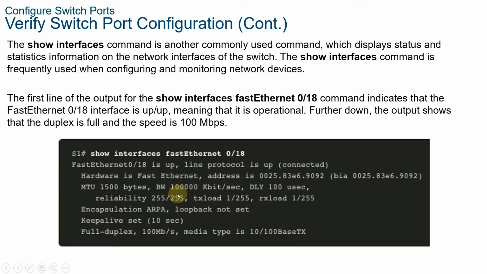The first line of the output of show interfaces FastEthernet 0/18 indicates that FastEthernet 0/18 is up, line protocol is up, meaning that it is operational. Further down, the output shows that the duplex is full duplex and the speed is 100 Mbps.